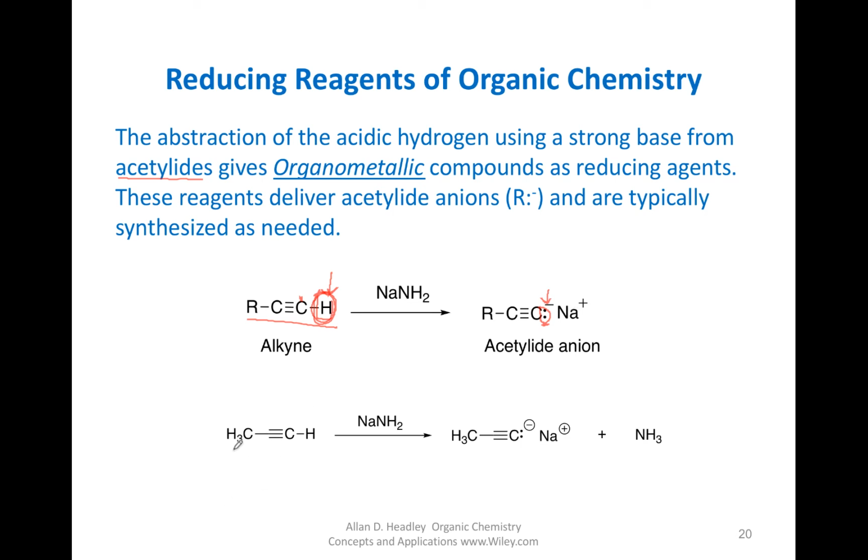Here's a specific example where we have an acidic hydrogen with sodium amide to give this as our nucleophile here, which can now react in a similar manner as the organometallics that we've seen before. They're not as reactive as lithium aluminum hydride or the Grignard reagent, but still yet it will undergo similar reactions. Let's look at some examples.